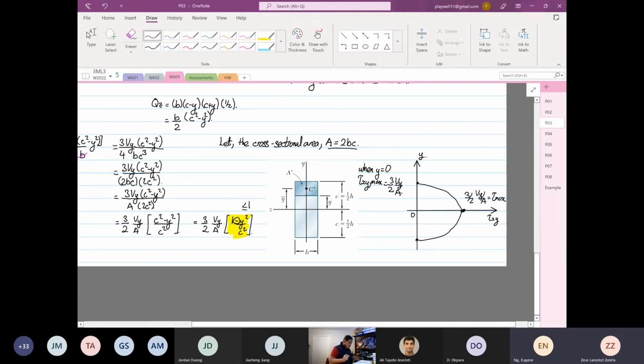So your maximum shearing stress is located at the centroid. Tau max will occur at the centroid.